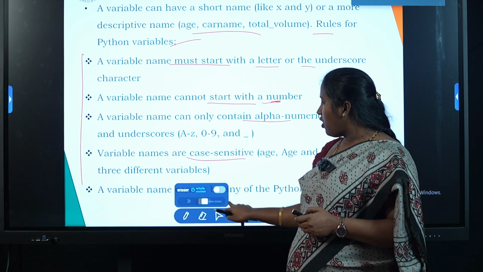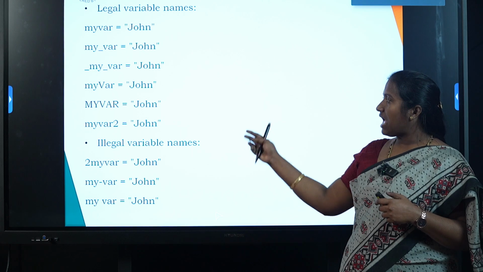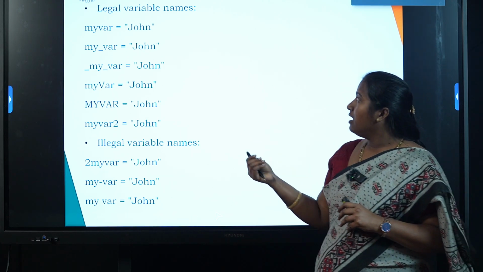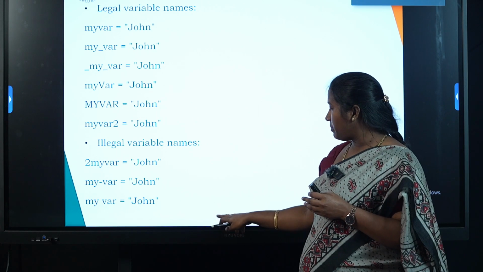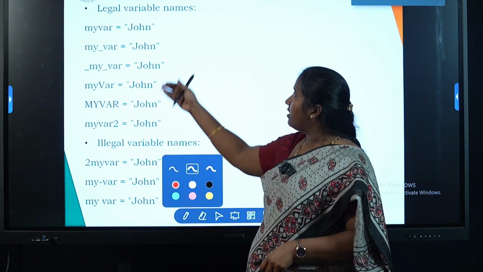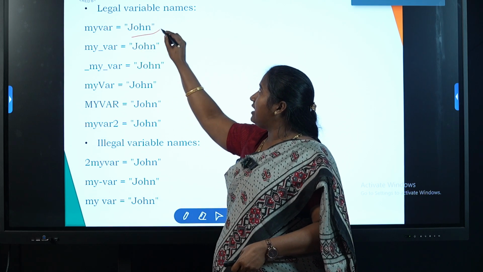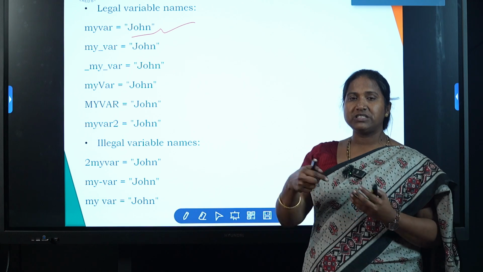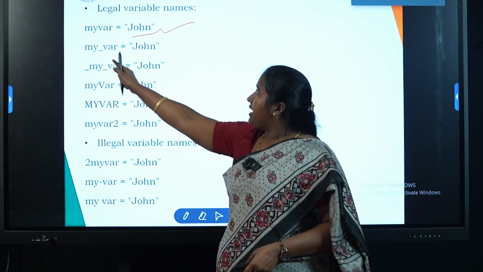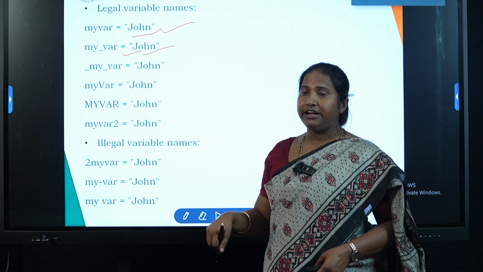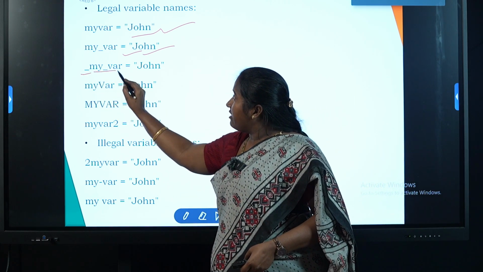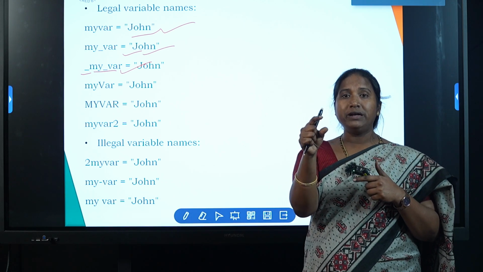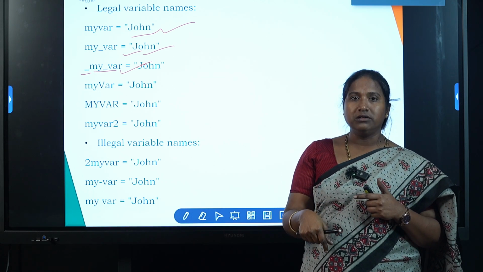So keeping in mind all these rules of variables, we have some names here which are segregated under legal and illegal. To make you more clear about Python, we have my variable is equal to John. It is a legal one because we have not violated the rules of variables we saw in the previous slide. Now underscore my variable can be a valid name. Underscore my var is also valid, because the name of a variable can start with an alphabet or else it can start with an underscore.